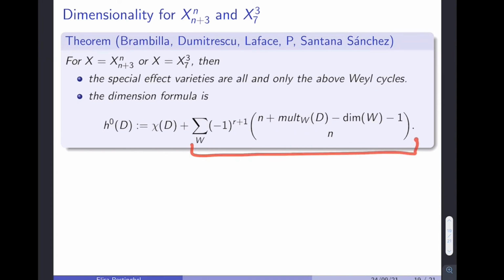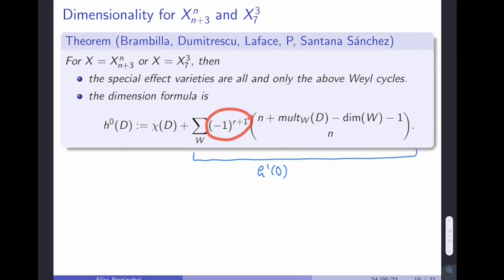Like in Castelnuovo's case, I have that H0 equals the Euler characteristic plus a correction term. And this time I have an alternating sum, and the sign depends on R, the dimension of the cycle itself. So the summation ranges over the Weyl cycles, and each of them contributes by this number, and that really generalizes the situation in dimension 2.